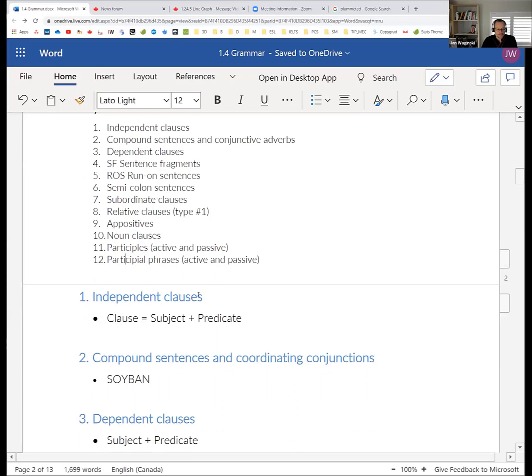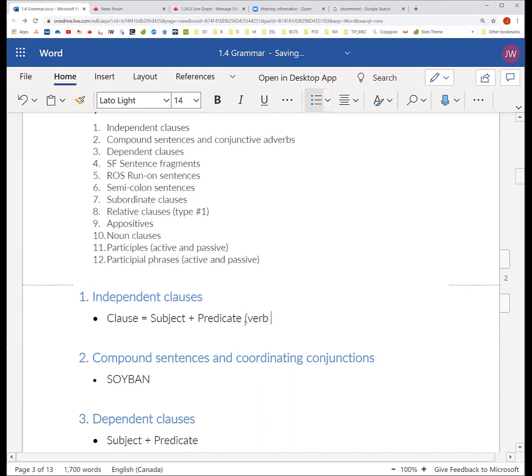Okay, so just a quick review. Independent clauses. Clause, again, means subject and predicate. And Allah, what does a predicate mean? Predicate means verb. Verb plus object. Usually an object, it could be something else, but I love pizza is your predicate, right?